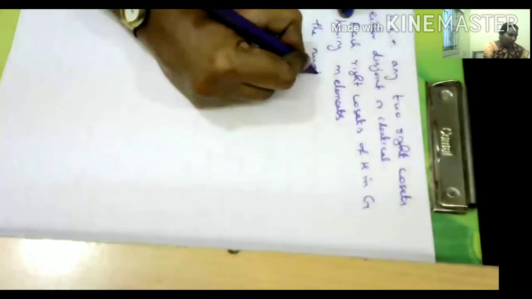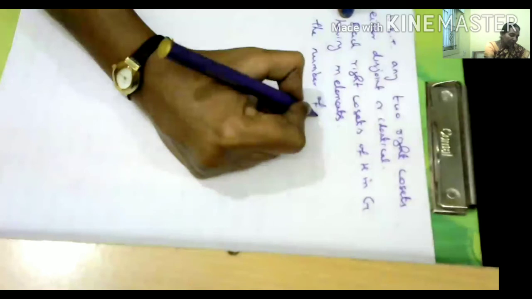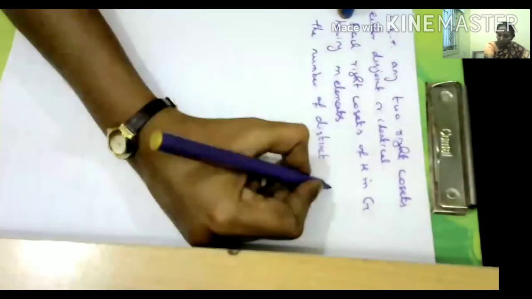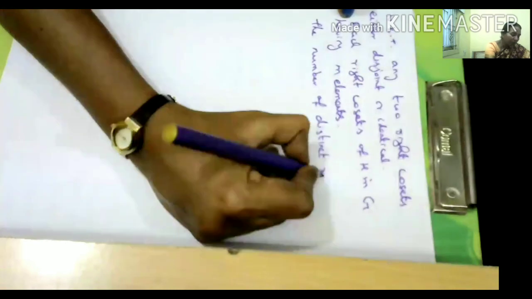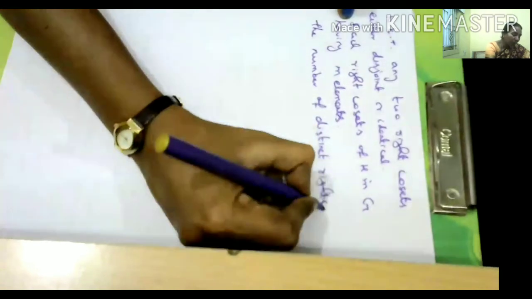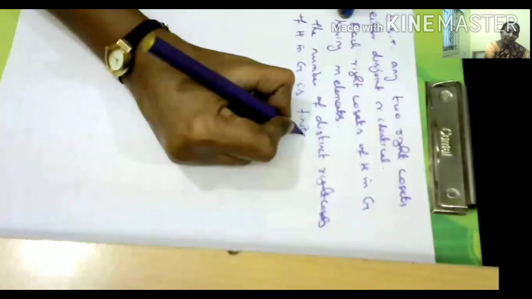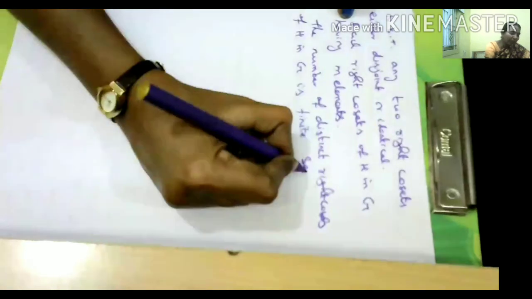After that, you can take the number of distinct right cosets of H in G to be finite. We can say that this is K, some notation we take.